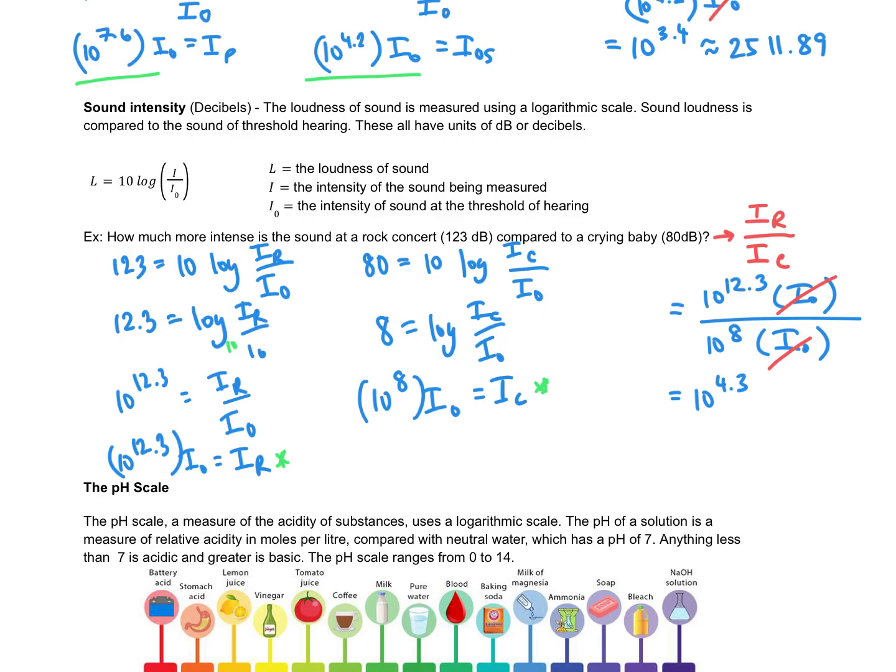And that's our exact, if I punch it into my calculator, 19,952.62 times more intense. And again, I've kind of run out of space for my therefore statement. So therefore, a rock concert is 19,952.62 times more intense than a crying baby.